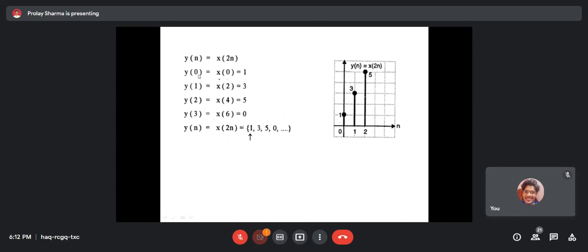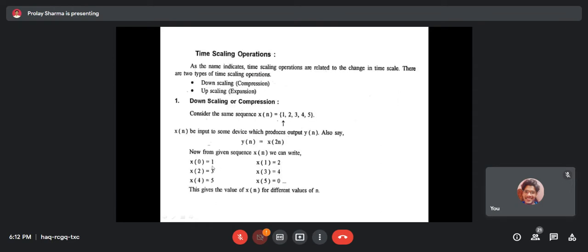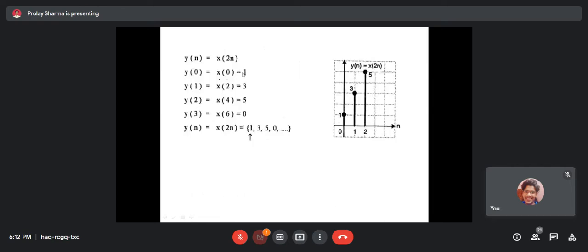If we put n equal to 0, it will be y[0] equal to x[0], and from the earlier representation x[0] is 1. So we got y[0] which is 1. Now to get the second sample value we are considering n equal to 1.